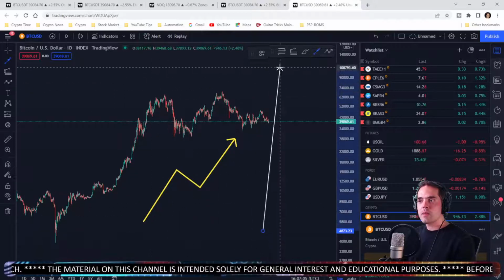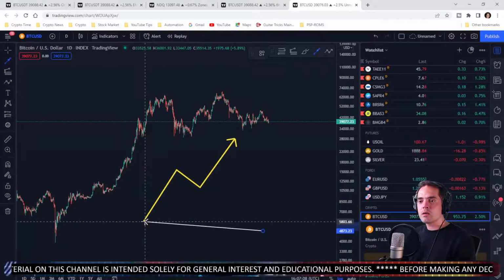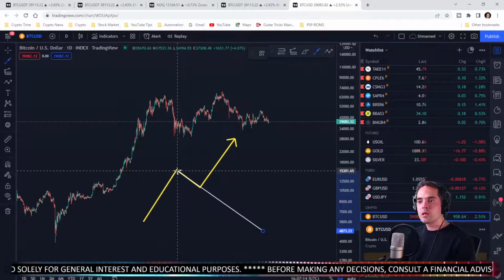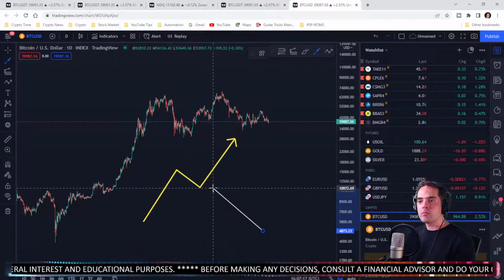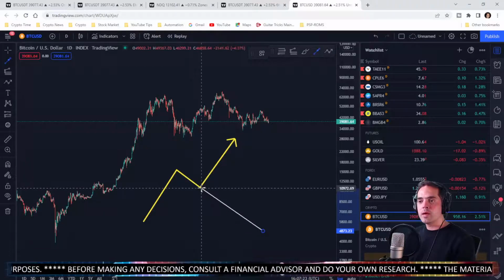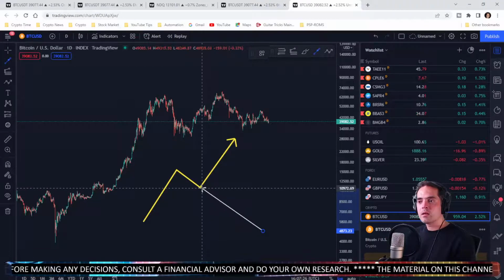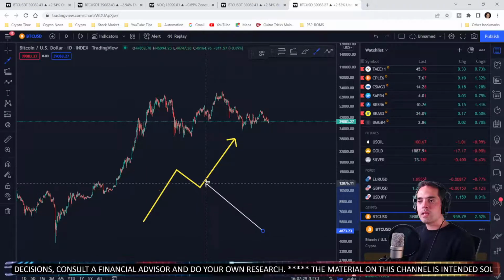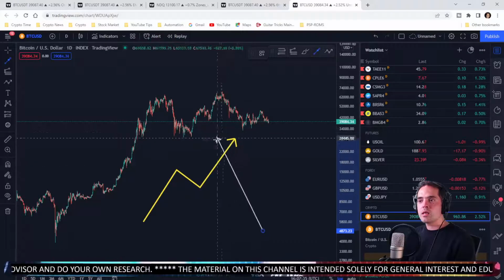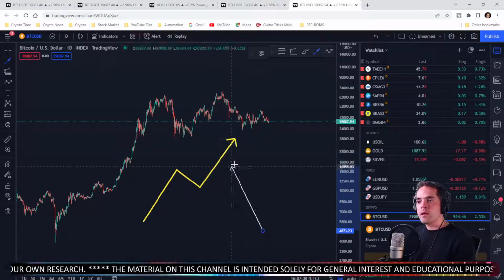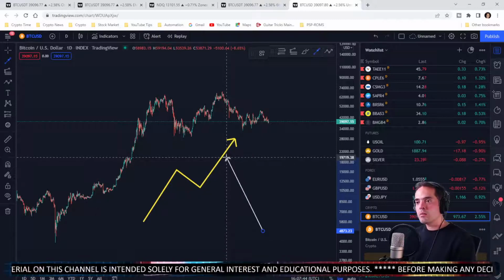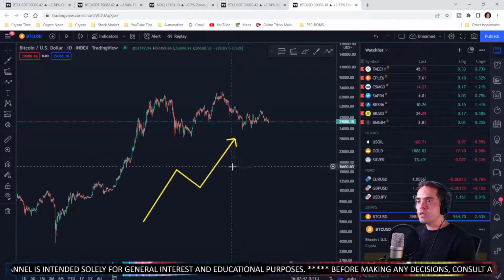So using the tool, we have to click and select the beginning of the movement, the end of that movement, and finally drag down the level 0 of that scale, all the way down to the end of the pullback. Then that will project Fibonacci levels above that region, and we can know that the price could reach some of those levels. Okay, so let's do that then.